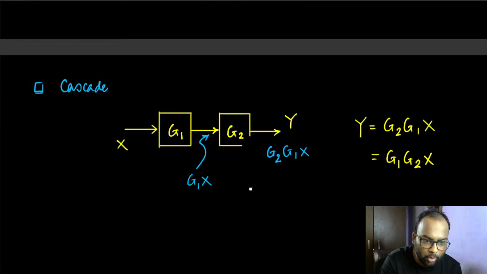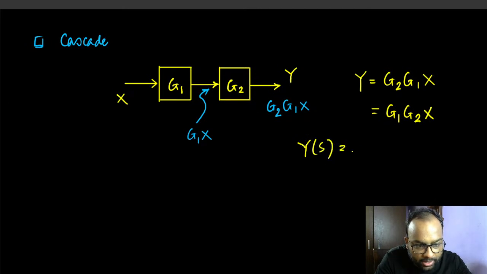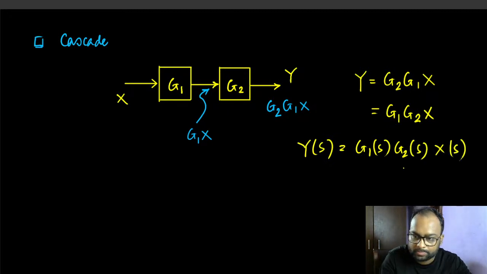So that's understandable, I hope. The full version is Y(s) equals G1(s) G2(s) X(s). Not just G1 times G2, but G1 times G2 times X. So that's the output. I don't think there is any confusion here, right?